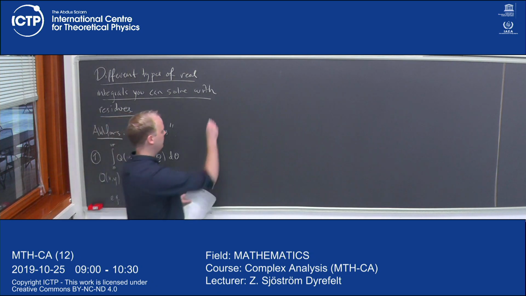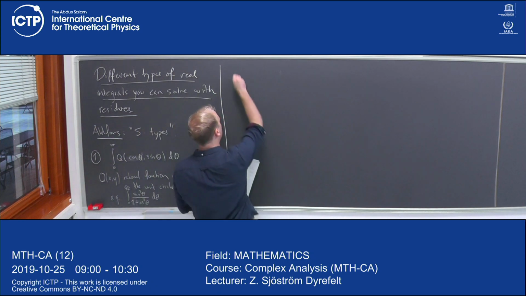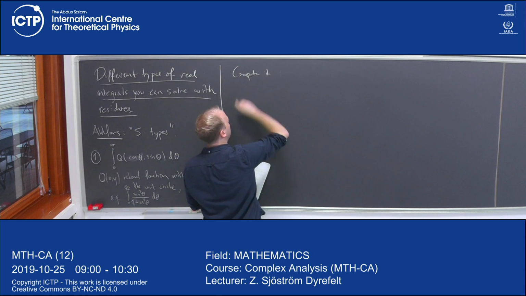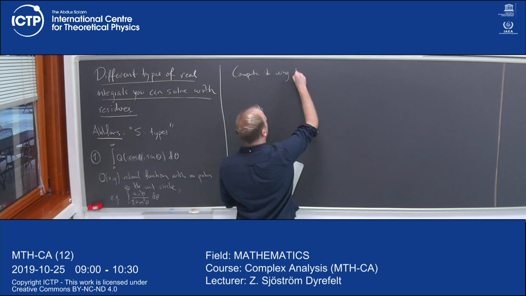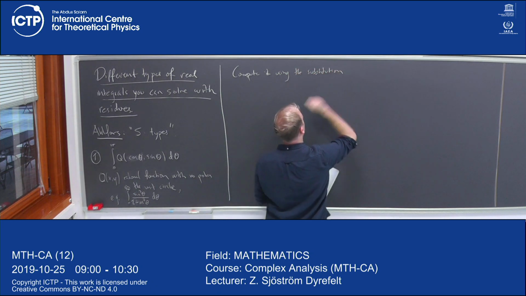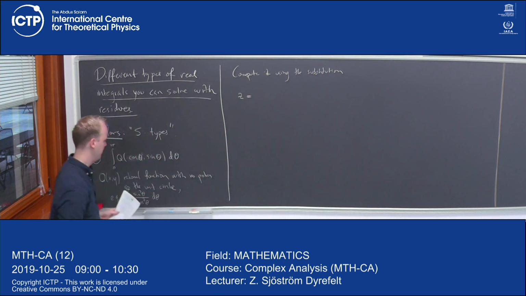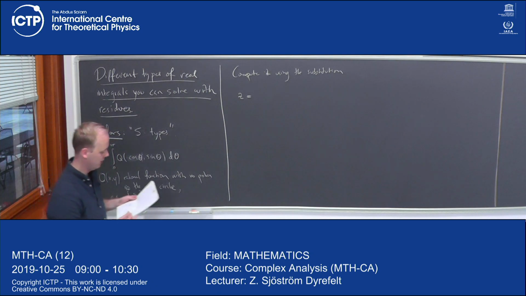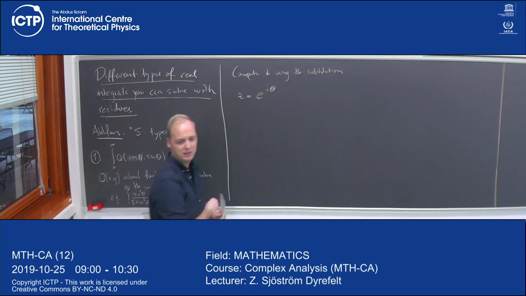And what is the idea to do this? The idea is that we compute it using the substitution. Of course, there's one natural one. We want to put z equals e to the i theta, right?